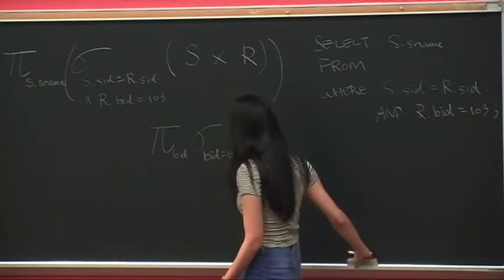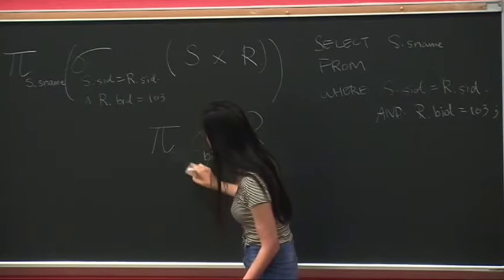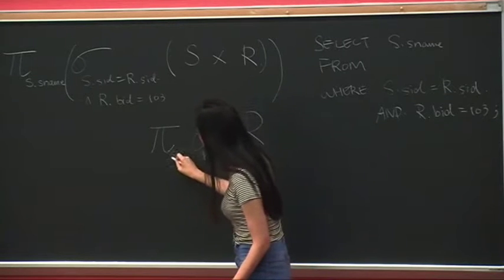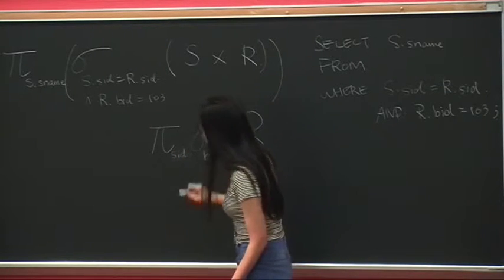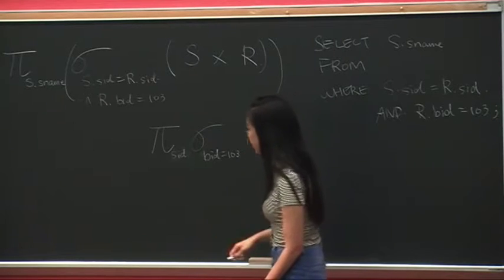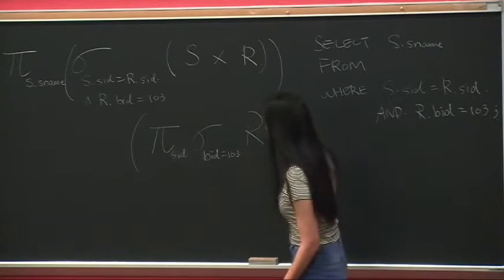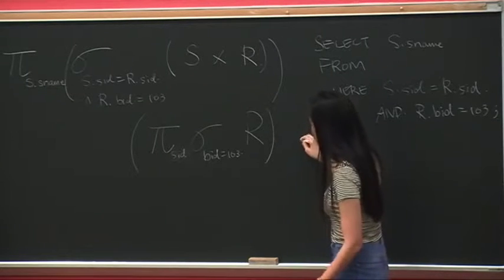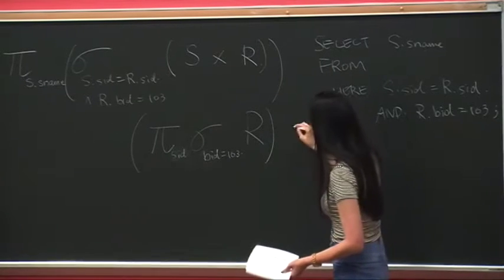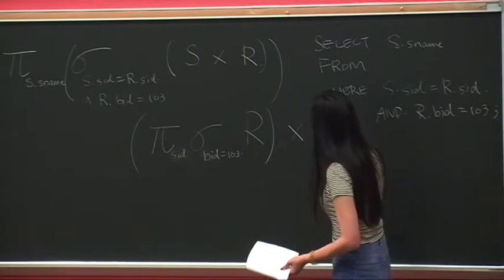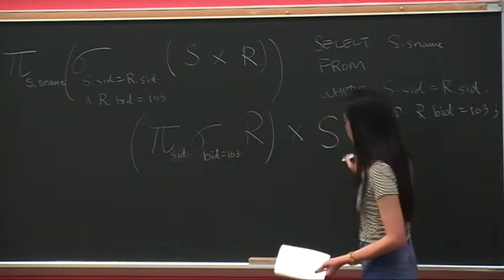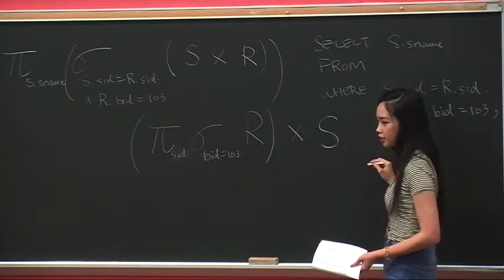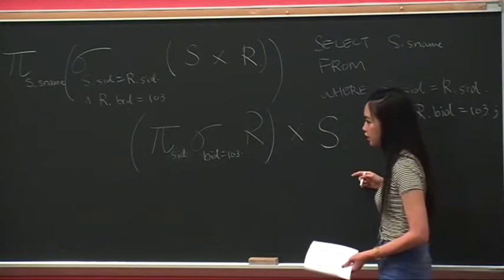Oh no, we want the SID. Sorry. We want the SID. Correct? Then, for the whole thing, we can stick to cross product even though we like join more. But then, we take the cross product with the sailors. Okay?